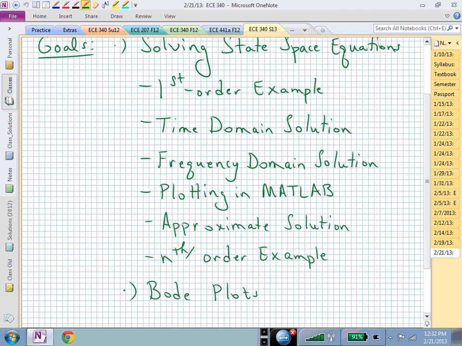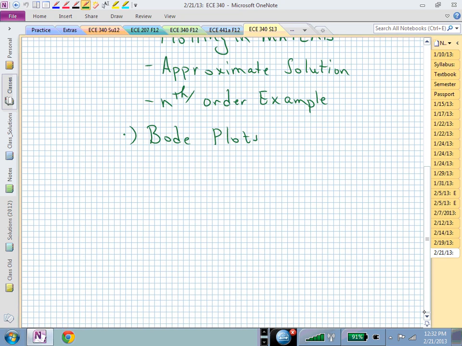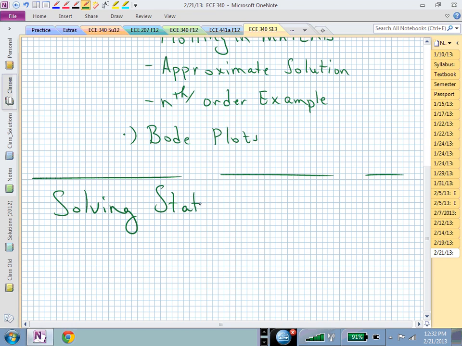If we get that far, we'll start talking about Bode plots. And so that gives you a feel for where we're headed, or what you need to be looking at reading-wise in the textbook. Let's start by solving a familiar problem via the state space formulation.